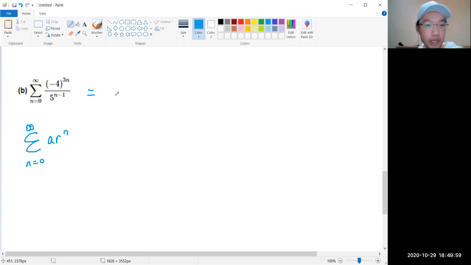So remember that we're trying to get the exponent to be n. So let's see. -4 to the 3nth power. Is there any way we could rewrite the numerator so that we have an exponent of just n instead of 3 times n?